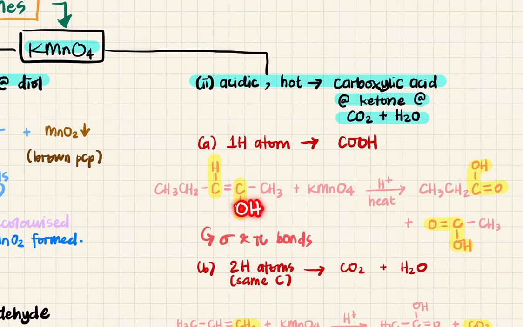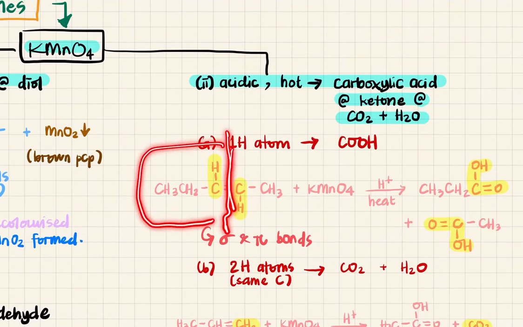Okay, so that's why for this reaction KMnO4 in acidic and hot condition, you will get carboxylic acid if you have one hydrogen atom attached to your carbon. Okay, so basically awak potong yang ni, tambah double bond O dengan hydrogen tu ada tambah oksigen, so dapatlah carboxylic acid. Okay, so ini maksudnya ada dua produk, satu dengan dua. Okay, yang ni dengan ini.